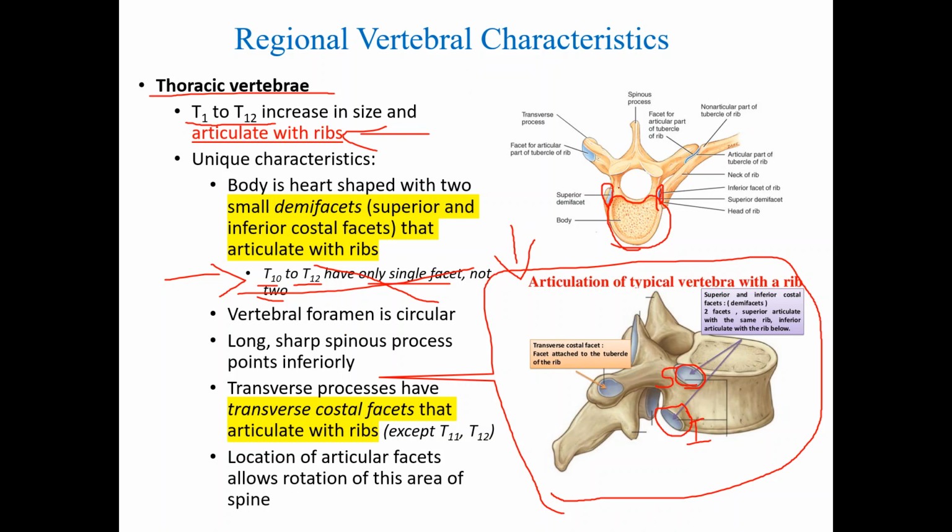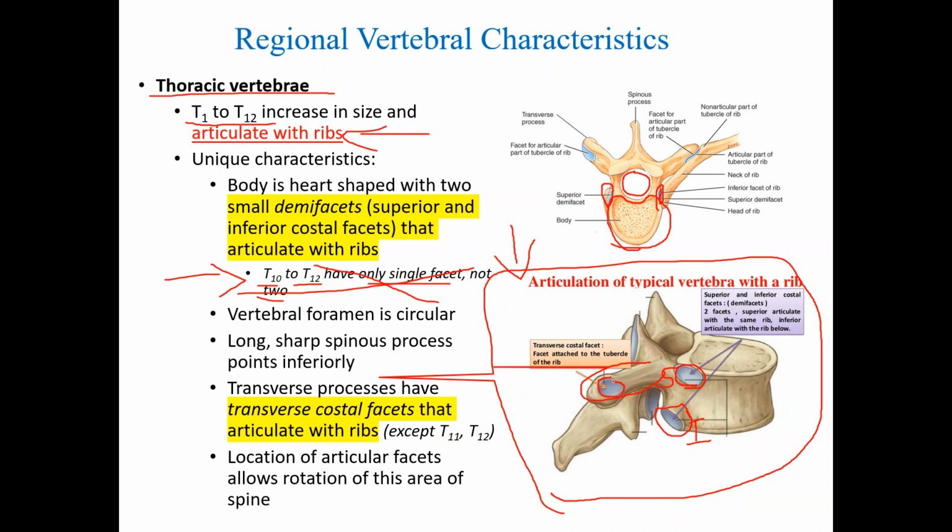The vertebral foramen here is very circular in these vertebrae. And another important feature here is that the transverse process also has additional facets, which are the transverse costal facets.